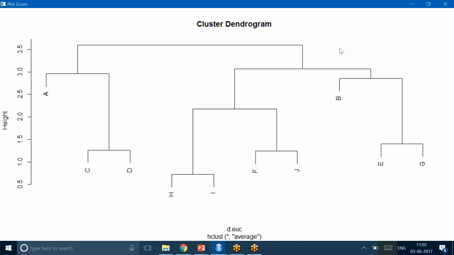You have to see this dendrogram and ask yourself, do 3 clusters make sense or 4 clusters make sense? Or 5 clusters make sense?